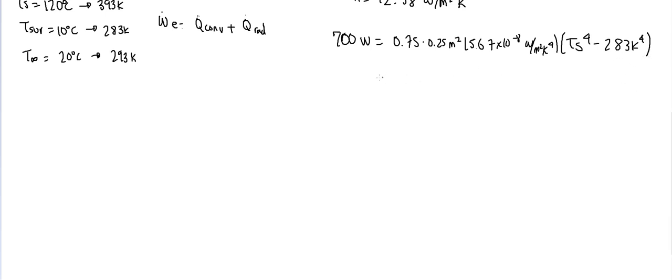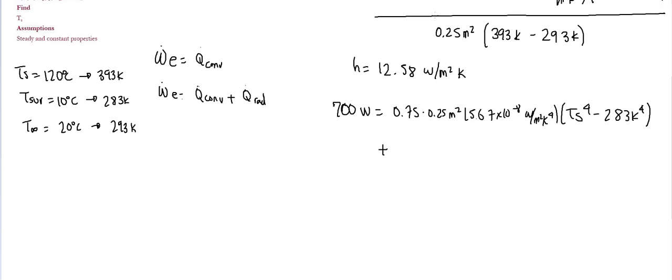We're going to add the part of the convection in here, and that is going to be the value that we obtained previously for h, which was 12.58 watts per m squared K, the surface area 0.25 meters squared, and this is Ts minus the ambient fluid temperature, which was 293 Kelvin.